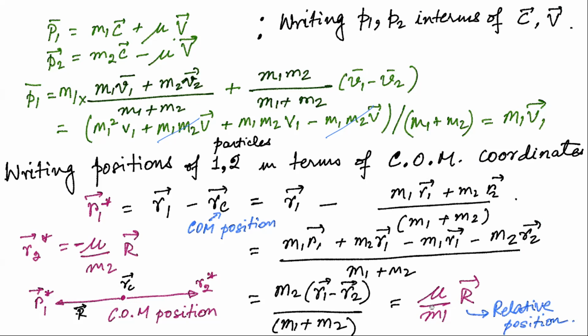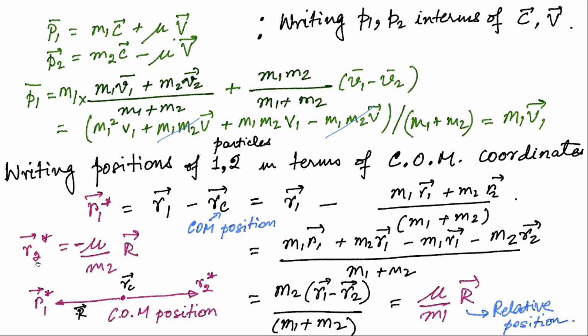And after doing a bit of algebra, so you just take this side. So what you get is this R1 star can be written as mu by M1 R vector, right? So if you're sitting on the center of mass, you can see that the first particle is at a certain distance mu by M1 times R vector, where R vector is the relative position.